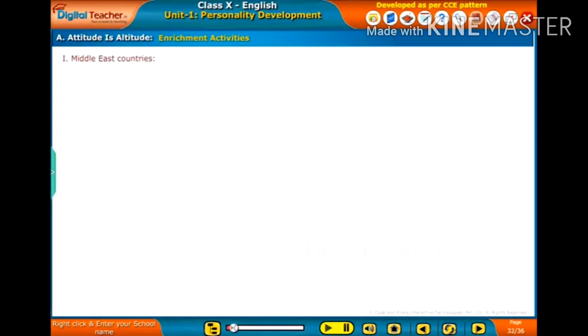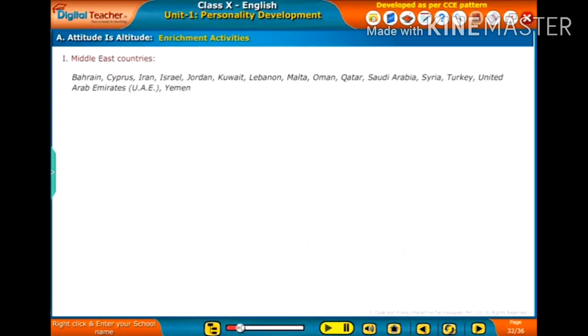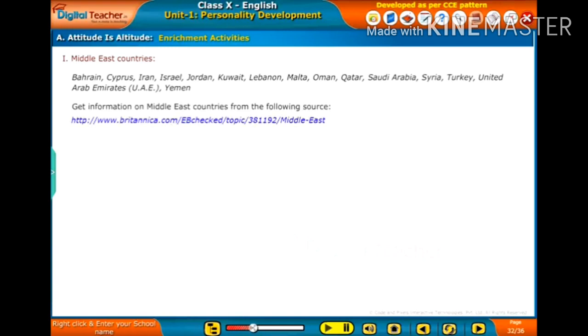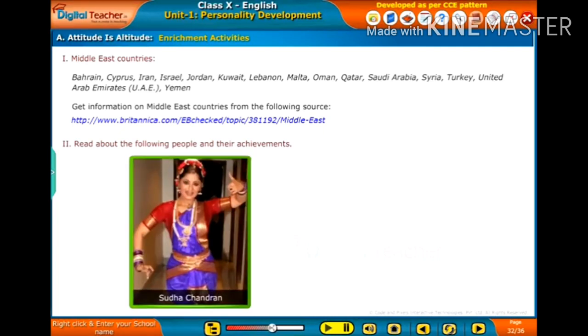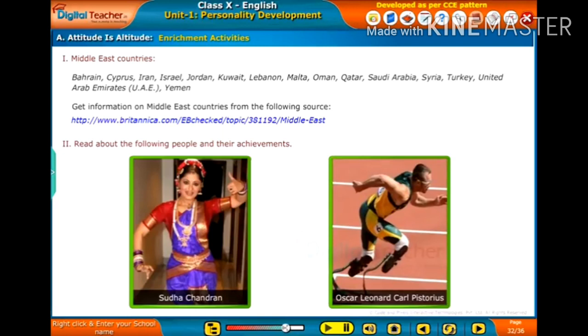As part of the culture section, know more about Middle East countries by using the given link. Try to read about following people and their achievements: Sudha Chandran, who is a classical dancer, and Oscar Leonard Carl Pistorius, who is a South African sprint runner.